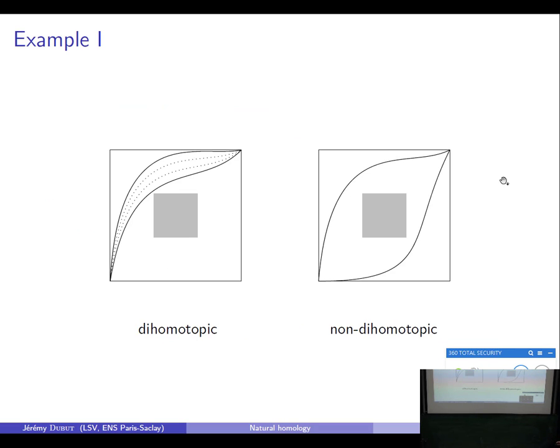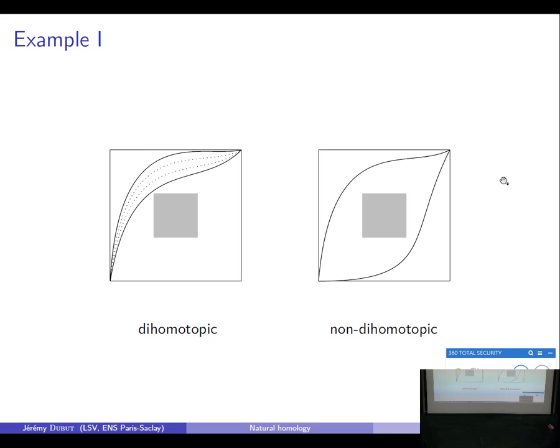Okay. So let me show you an easy example. Here we have a simple D-space, which is just a square in which we have carved a smaller square. And the dipaths are component-wise monotonic paths. So we have depicted two dipaths here, which are dihomotopic because we can continuously deform one to the other while staying in dipaths during the deformation.